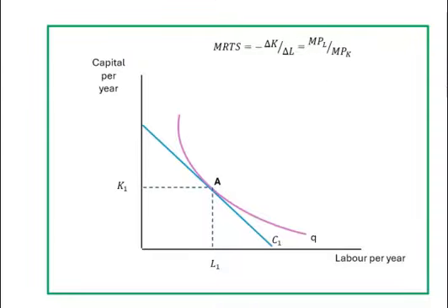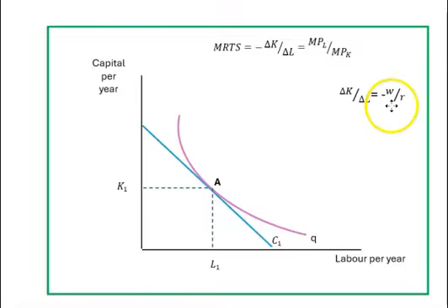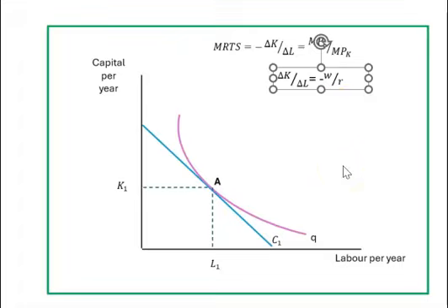But we also stated that the slope of the Isocost line is the negative ratio of input prices. It follows then that when a firm minimizes the cost of producing a particular output, the following condition should hold.